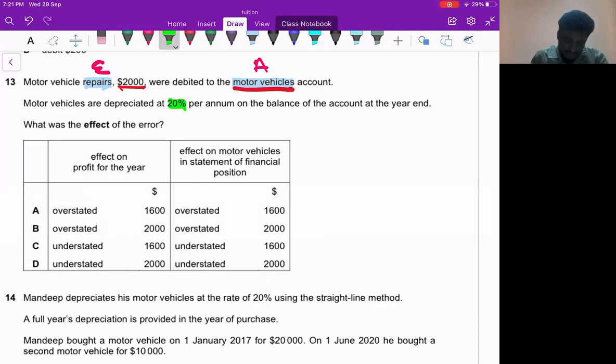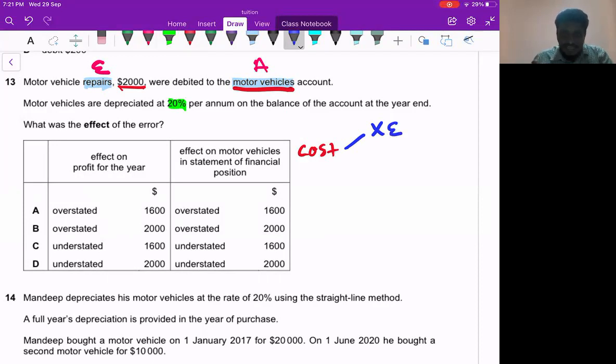My problem here is, first, the cost. What happened in the cost? It is my expense, but I didn't record it as an expense.